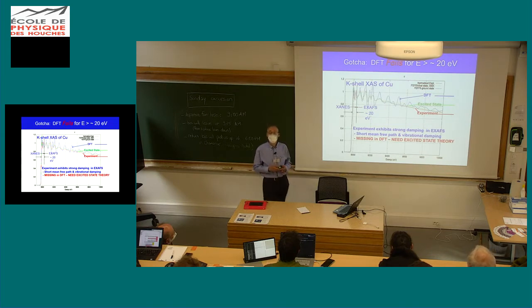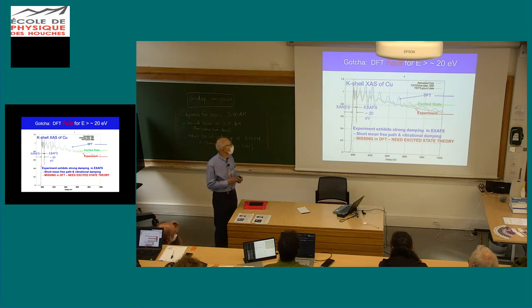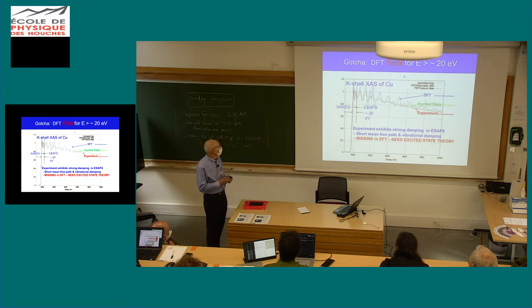Of course, it was an LDA code, and it took us quite a long time to understand how to fix that. You'll notice there are two regions in this spectrum. This is the K shell of copper. So the edge is about 9,600 electron volts. And it rises very sharply. There's a little glitch here. And then in the first 10, 20 volts or so, the LDA code works fine.